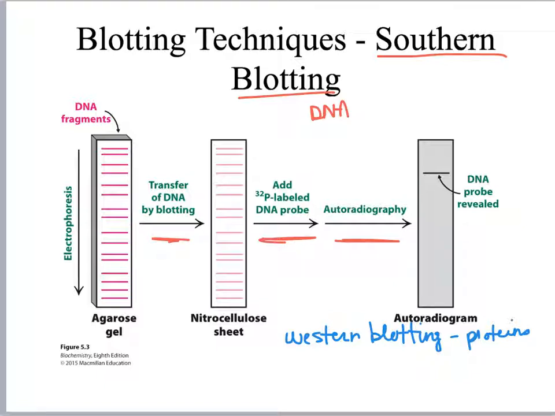Then we also have Northern blotting, which we use when we're trying to study or look at RNA analysis. So Southern blotting is for DNA, Western is for proteins, and Northern blotting is for RNA.